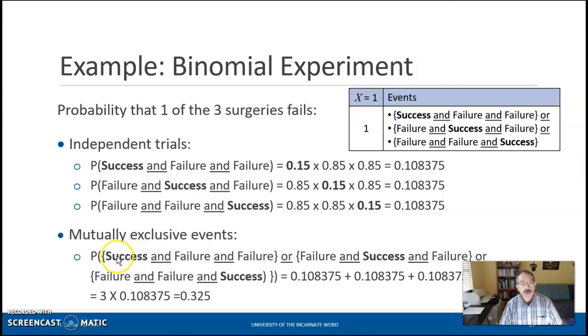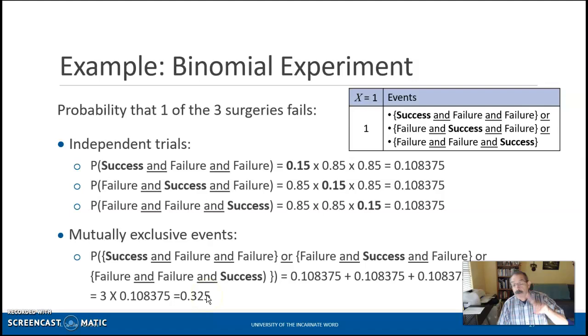So there is a probability of this sequence or that sequence. And so now we're using the addition rule, and these are all mutually exclusive events. So all we do then is sum the probabilities. And you see it's the same probability, so it's the same as 3 times that single value, and that's 0.325.